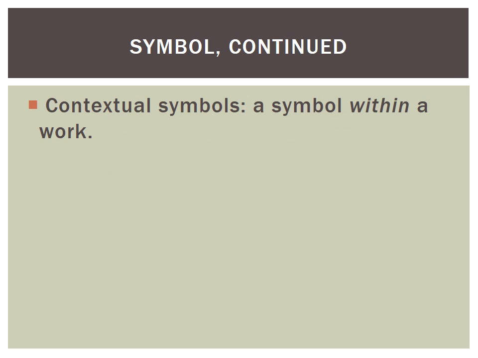So, last thing to say about symbol is that a lot of symbols are not universal. They are contextual. That basically means that within the context of this work of art, this item is going to mean this thing. And that's probably more common for the stuff we're going to look at in this class. The tattoo machine in the Kafka story doesn't come from the Bible or from ancient history.